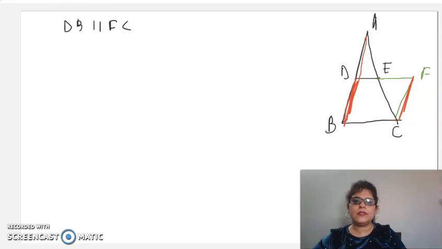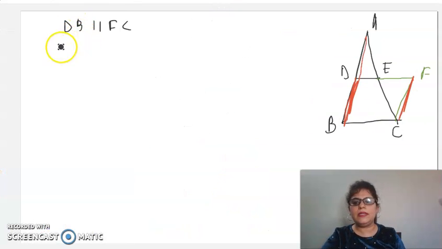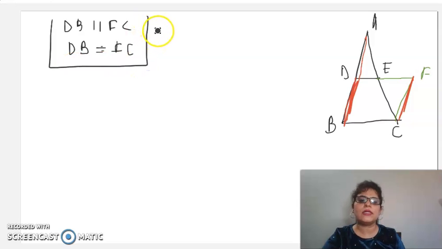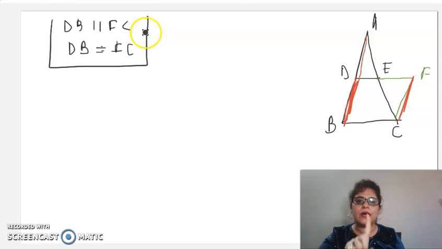But if you see earlier, we claimed that DB is equal to FC as well. So DB is parallel to FC and DB is equal to FC. With these two important statements, what can you say about quadrilateral DBCF? DBCF will be a parallelogram. Why? Because any quadrilateral with one pair of opposite sides equal and parallel to each other is a parallelogram.